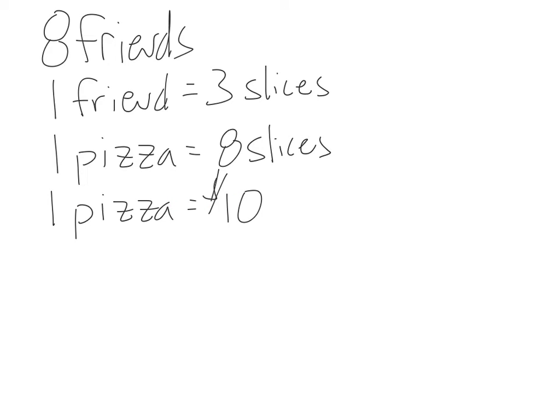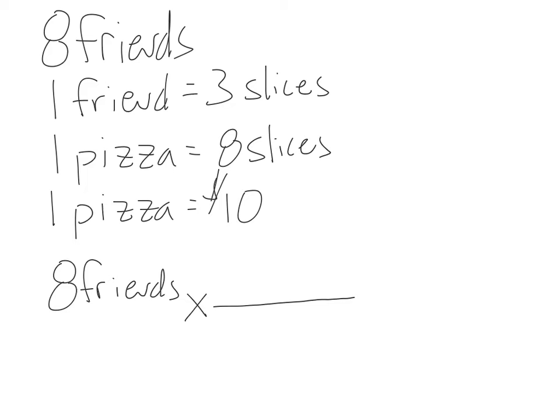So we're going to start with what we know. We know we have 8 friends. We're going to multiply by a conversion factor. Remember, the unit here must go in the denominator here so that it cancels out, leaving us with a conversion to another unit.